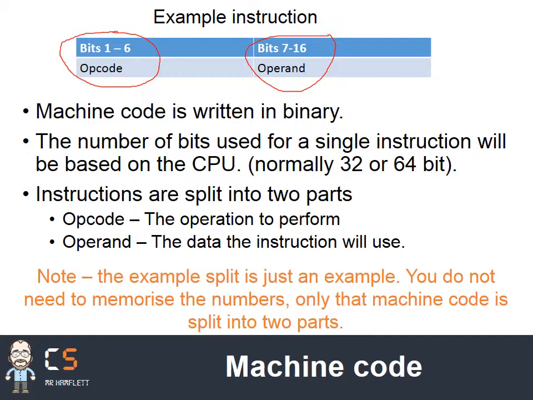It really depends on the CPU how many bits are used for the opcode and the operand. This is an example. Please don't put in your notes that the opcode's always 6 bits and the operand's always the rest, because that's not true. What I'm trying to represent here is that instructions are split into 2. The first few bits are going to be the opcode. The last few bits are going to be the operand.